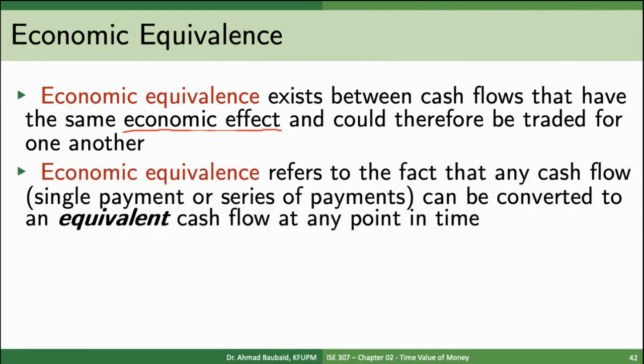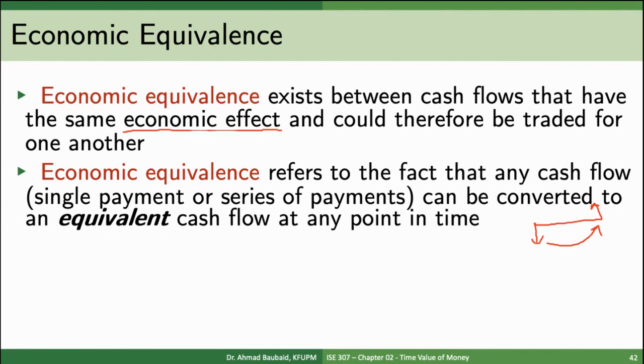Any cash flow, either a single payment or a series of payments, we can convert to some equivalent cash flow at any point in time that we wish. We kind of already saw that, right? We had a present payment, and then we converted that into a future payment. The future one was an equivalent cash flow because the interest rate made the two equivalent.